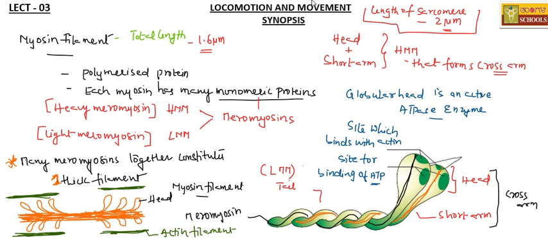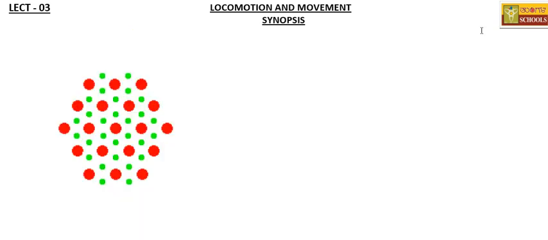Now we will see the transverse section if we take it through the AI band, and how it looks. So right here I'm showing you the transverse section through the AI zone. That is the A band and I band zone. When we take a transverse section, how does it look?